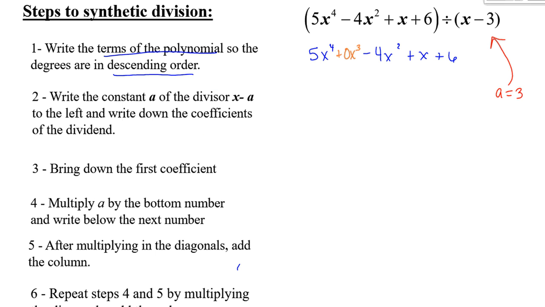All right, next, you set it up like this. You write the divisor, the a, on the outside, and then on the inside are all those coefficients. So a 5, leave a space, 0, leave a space, negative 4, sign included, space, 1, space, 6.